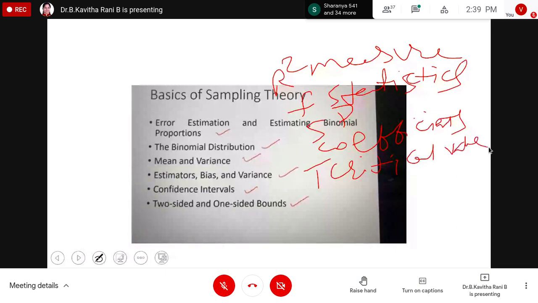So how to interpret them? These are all measures we will be using with our mathematical model. These are all nothing but sampling theory, the basics of statistics.